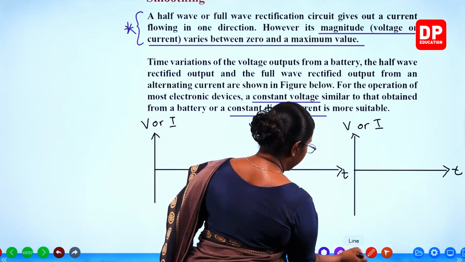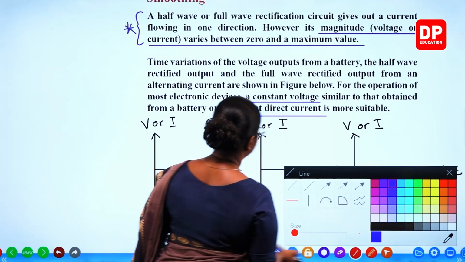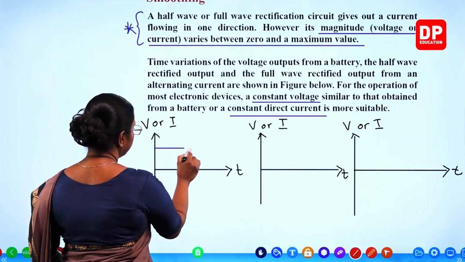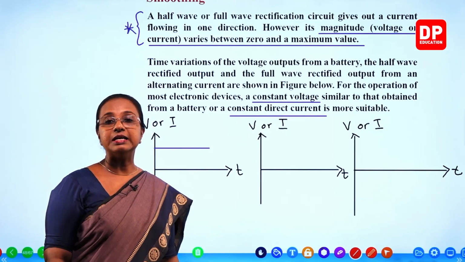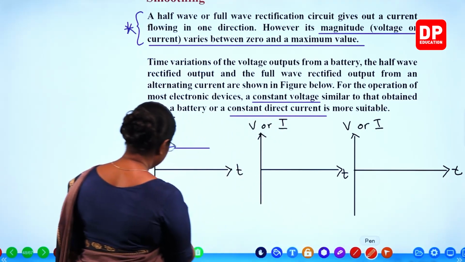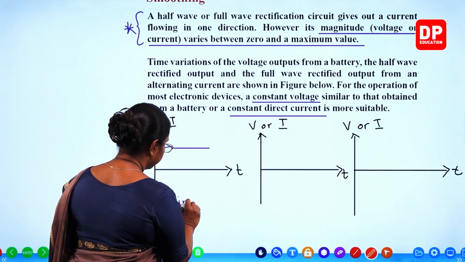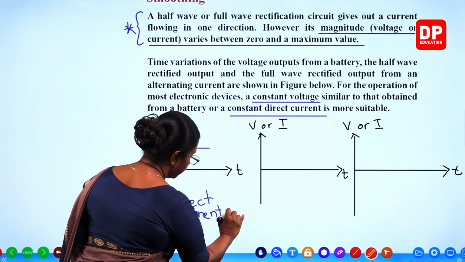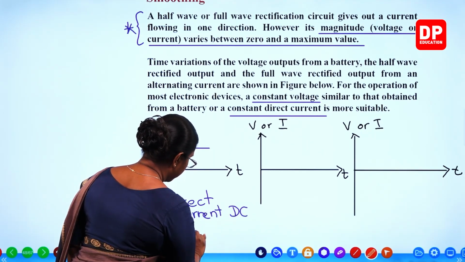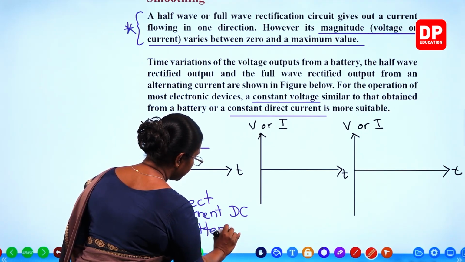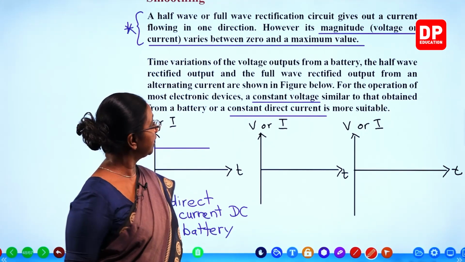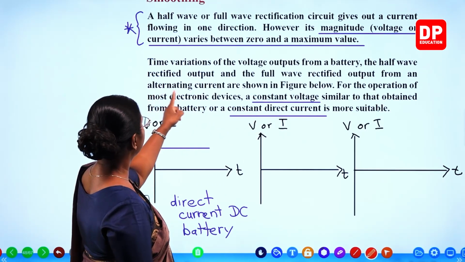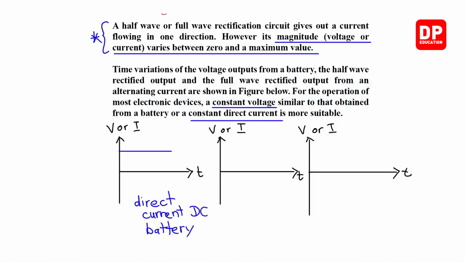So how will you have it from the battery? From the battery, it is going to be the direct current. Now here, this is direct current. That is DC from a battery. Then half wave rectification. What is a half wave rectified output?